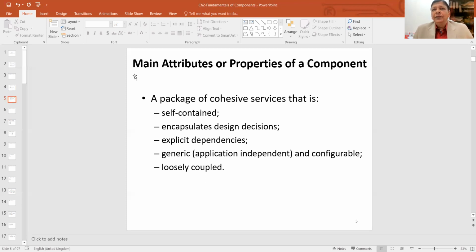We cannot have 100% cohesion. There is always a ratio between coupling and cohesion, like 90% cohesion and 10% coupling, 80% cohesion and 20% coupling, 70% cohesion and 30% coupling.